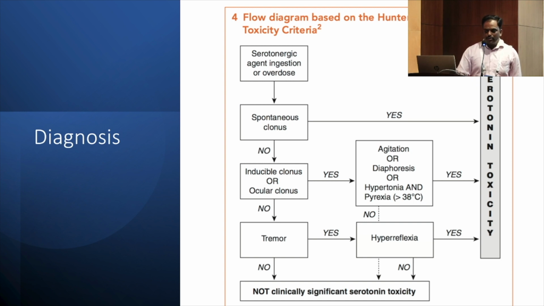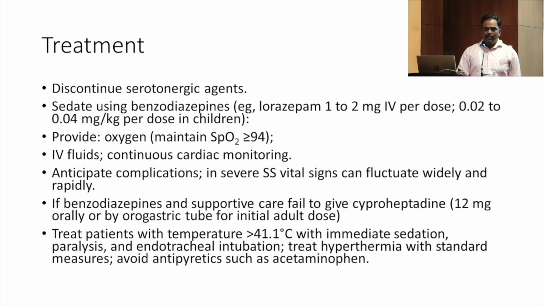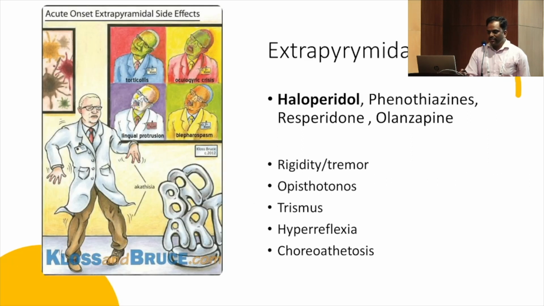Or inducible clonus or ocular clonus with diaphoresis, then yes. Tremors with hyperreflexia, then yes. If none of this is there, then it's not serotonergic toxicity. Supportive care is the treatment of choice along with IV fluids. In case they are not responding to benzodiazepines, then you can use cyproheptadine, which is a serotonergic antagonist.